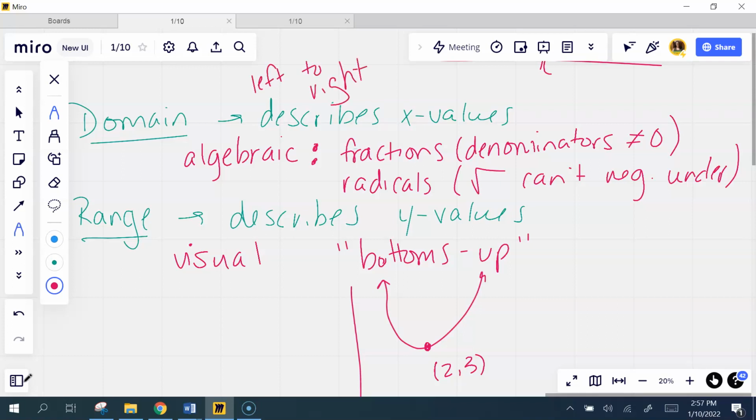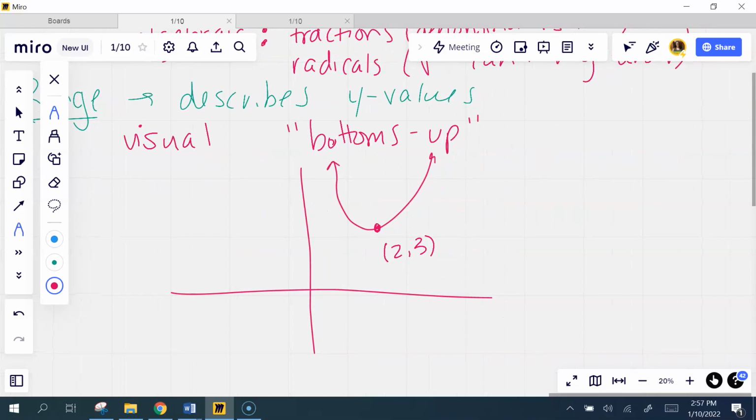And again, most of the time we're going to be algebraic with this, but just so you get the feel of it right now. In my quadratic here, going from left to right on the x-axis, is there ever any place where there would not be a piece of the graph that corresponds to that x? In other words, if x was 20, it may be way, way up high, but there's going to be a value that goes with it, right?